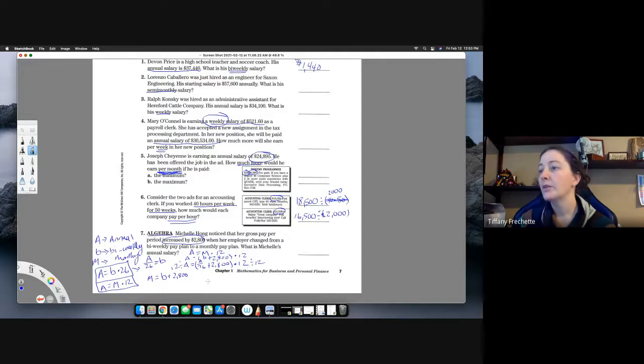So what I ended up with was A over 12, A divided by 12, equals A divided by 26 plus 2,800. These 12s cancel, so it just drops the parentheses. For whatever reason, that seemed a little easier to me. You can also distribute the 12 if you want, so multiply by 12, multiply by 12.